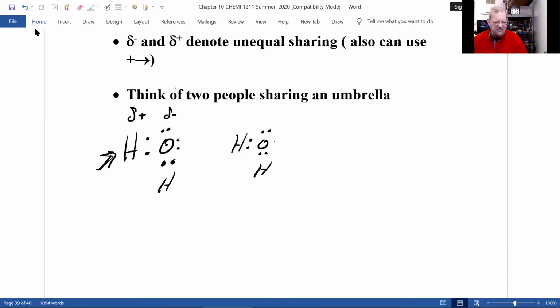Delta is from the Greek alphabet. In chemistry, uppercase delta means difference, and lowercase delta means little difference. So because of the electronegativity difference between hydrogen and oxygen, there's a slight negative charge on the oxygen. Each of the hydrogens has a very tiny positive charge.